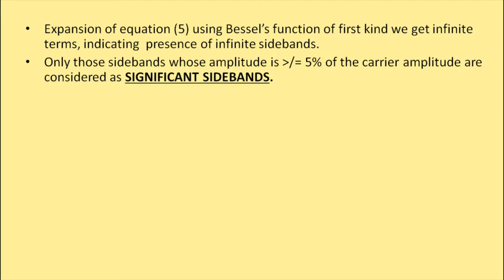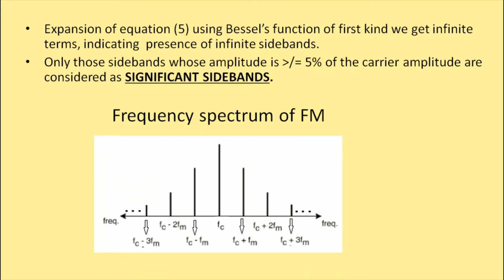Before we get into the expansion of Bessel's function, we will just look into the frequency spectrum of the FM wave, that is, how the infinite sidebands are pictorially represented. So the diagram is something like this. If you observe, this is the central component, which is nothing but the carrier component.